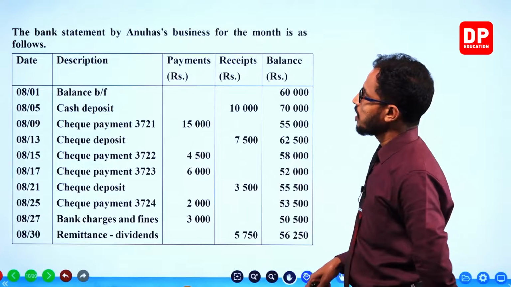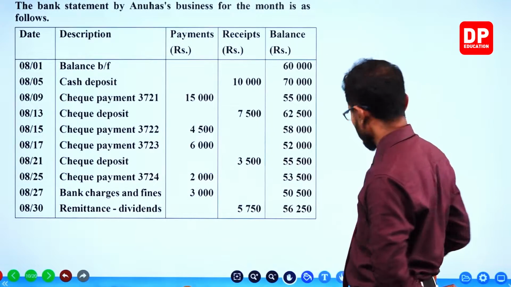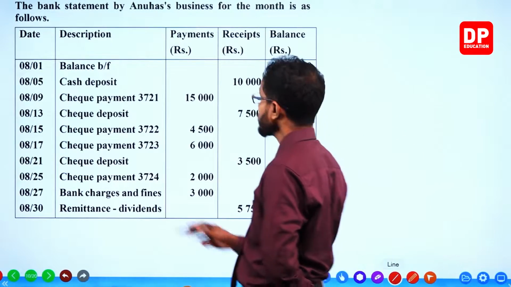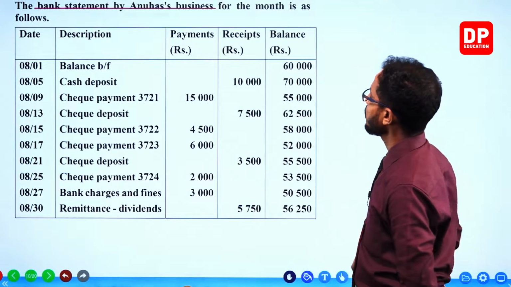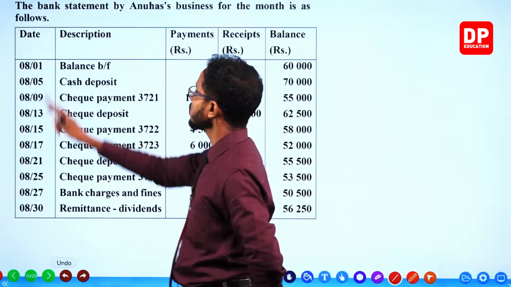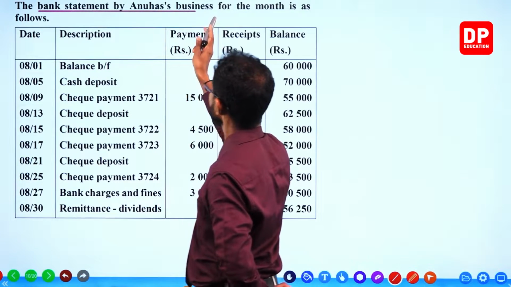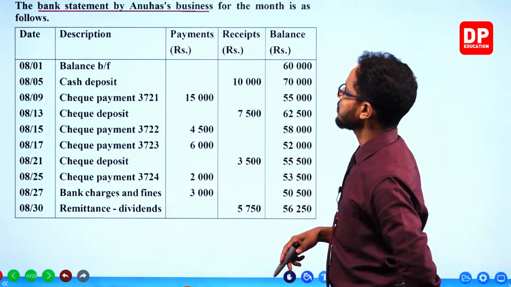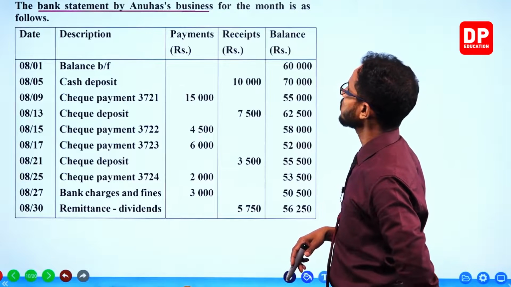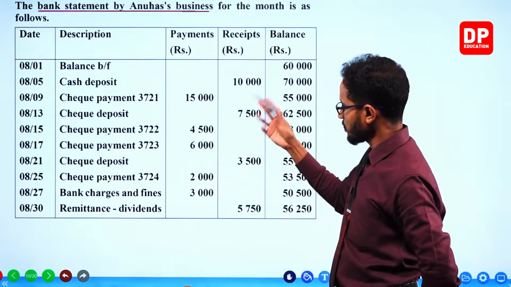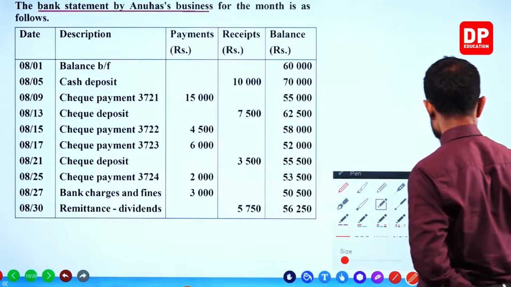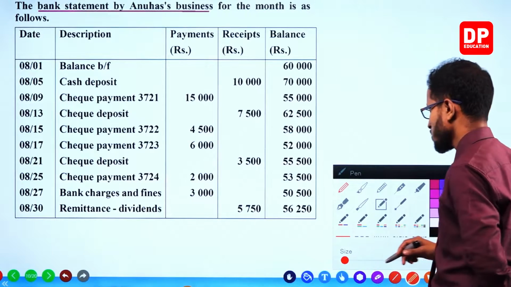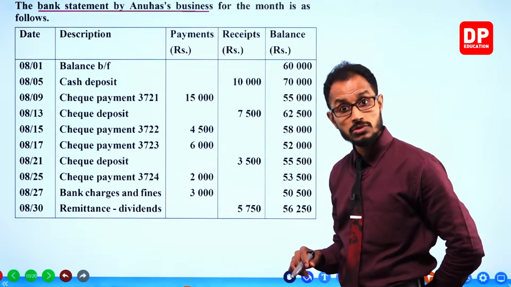The bank statement of Anuhas's business for the month is given. Now you check whether the bank statement final balance is tallying with your bank account.